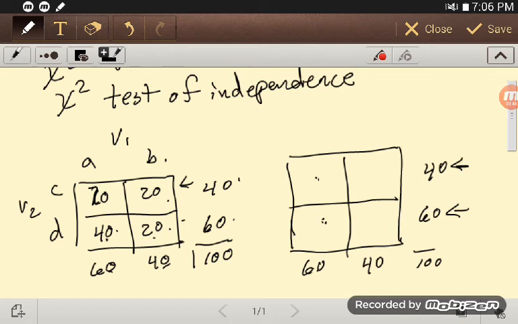So 40% of 60. Now, how did I get 40%? Well, it's 40 out of 100 and 60 out of 100, so 60%. So you see what I'm doing is I'm figuring out the percent by taking this number divided by the total. And so it's easy to see here that that's 40%.